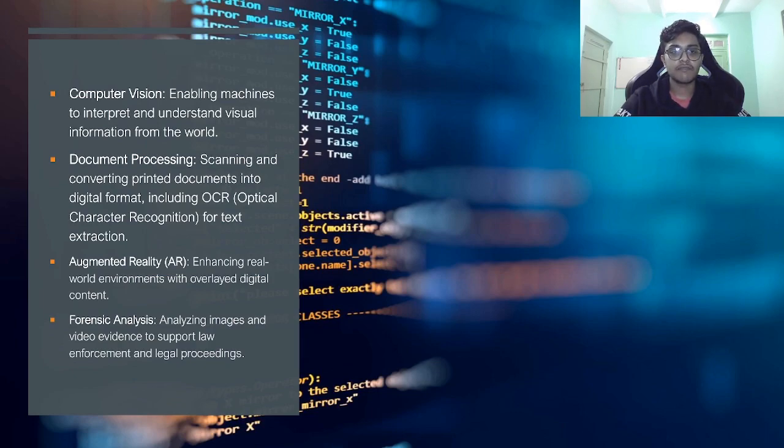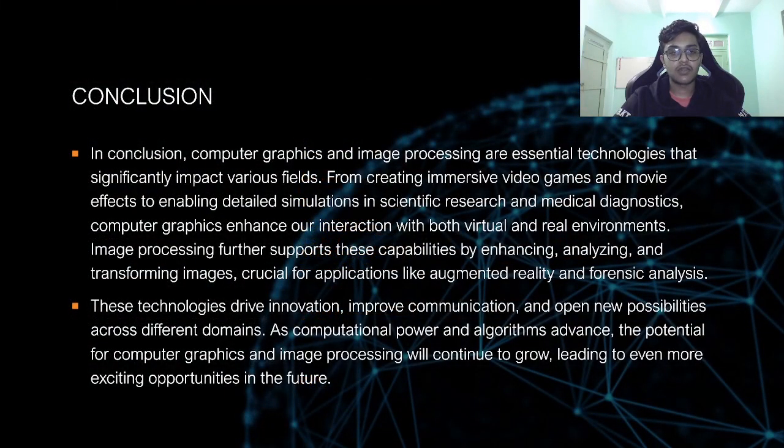Moving on. We have the conclusion. In conclusion, computer graphics and image processing are essential technologies that significantly impact various fields, from creating immersive video games and movie effects to enabling detailed simulations in scientific research and medical diagnostics. Computer graphics are going to enhance our interaction with both virtual and real environments.